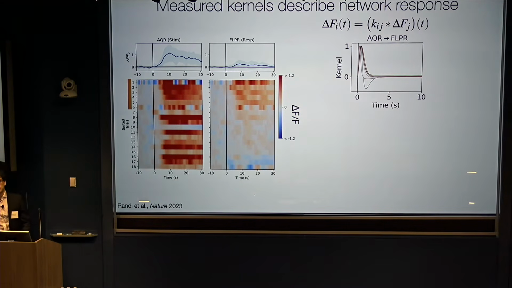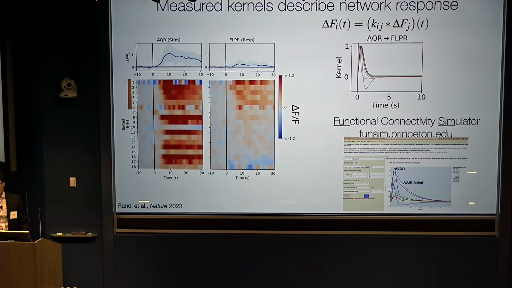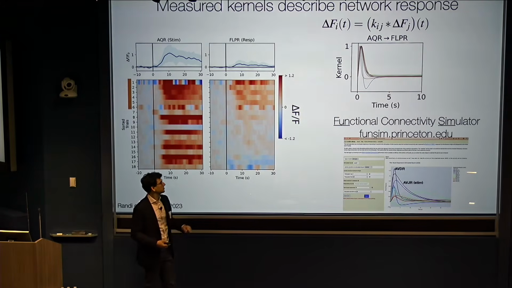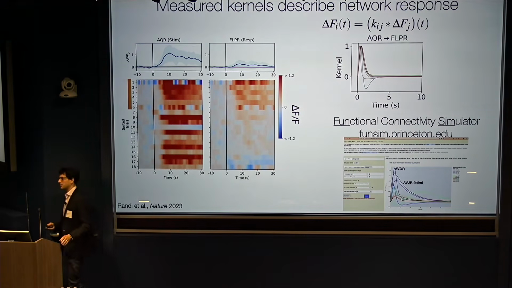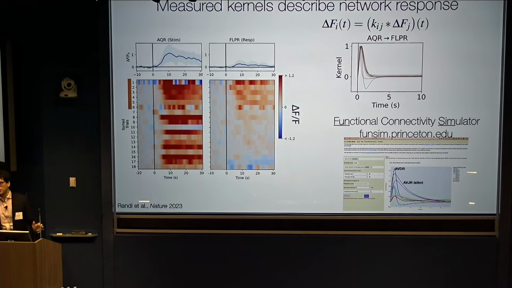And this is actually a pretty useful way of making very reasonable predictions about how the network responds. And so we have a little simulator here that allows you to draw in arbitrary waveforms to inject into the network, and then you pass it through this convolution, and it does a good job predicting how the network responds, and it matches pretty well what we see if you drive the network and look at its spontaneous activity, for example.